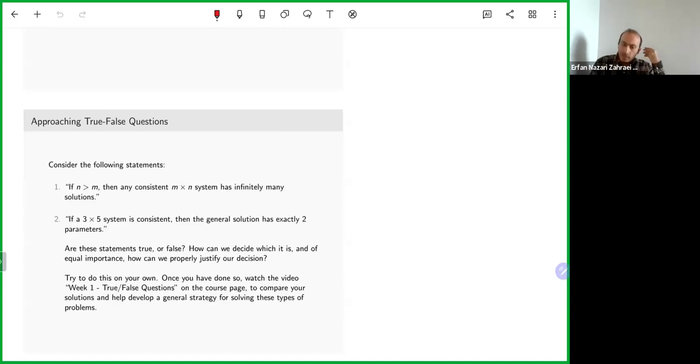Make sure that you refresh your memory, or review what that theorem was exactly saying, what that definition was talking about exactly, and then compare it to the true false question. Try to use those things that you already know, the true properties, theorems, and definitions that you have in the course. Try to change or manipulate them, play with them to get what you have in the true false question.